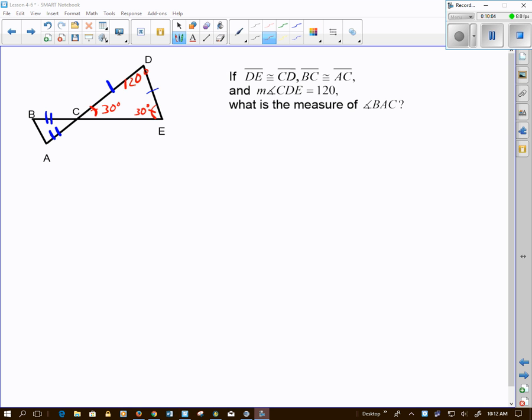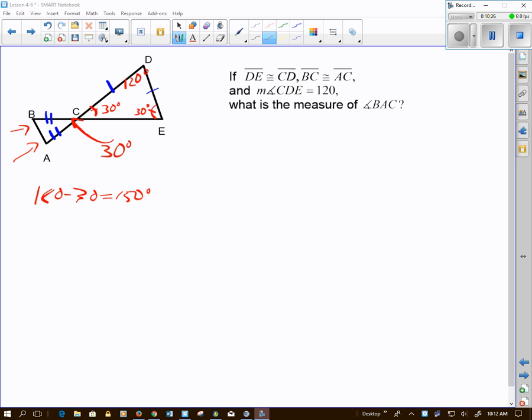Using vertical angles then, we can get that angle BCA is 30 degrees also, which leaves us 180 minus 30 is 150 degrees to split between the two remaining angles.